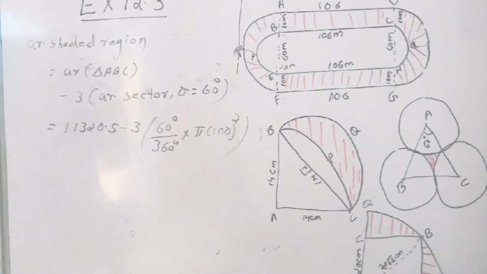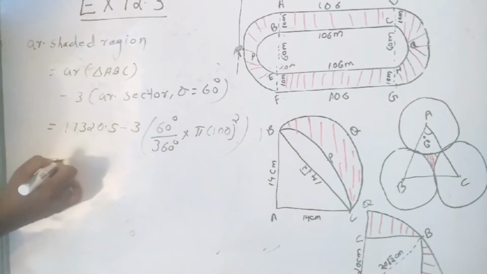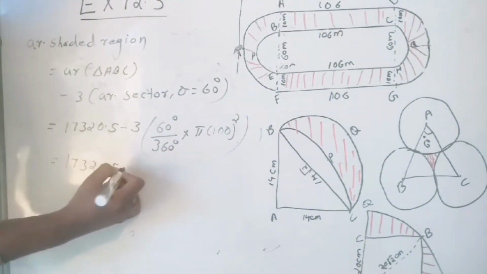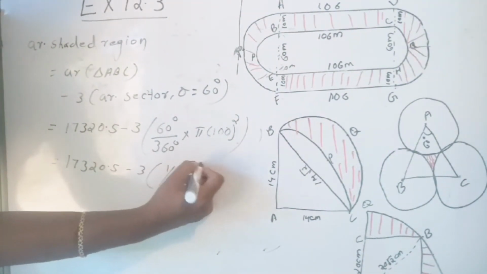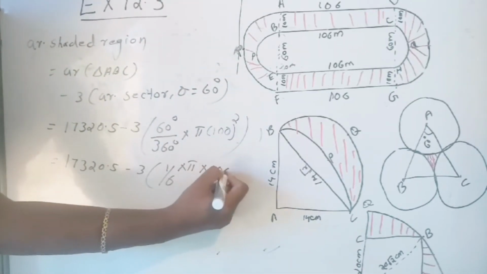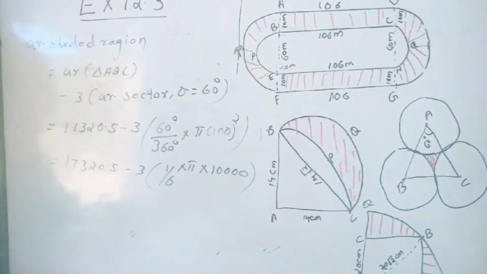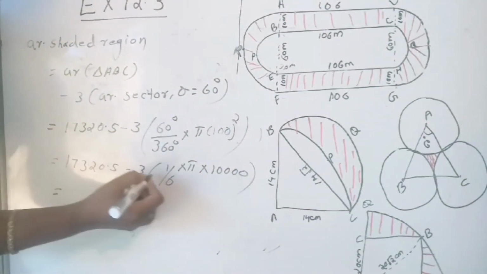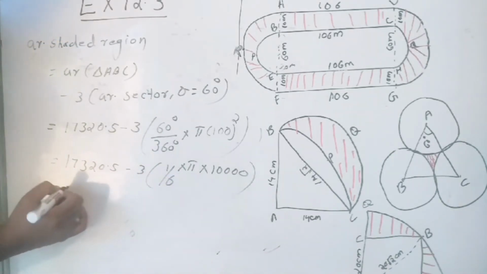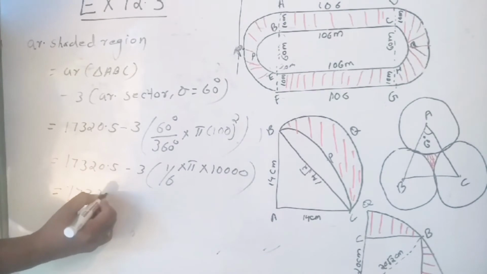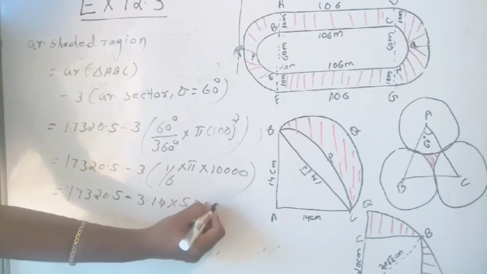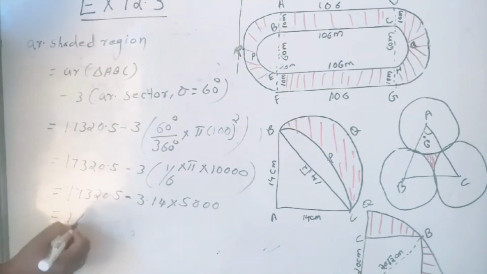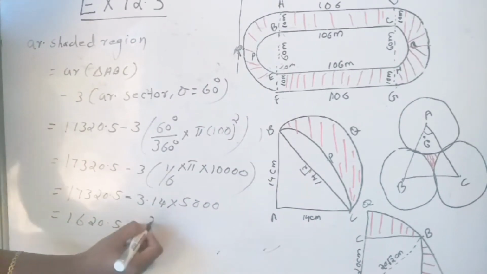The length of the side is 200, then half of that is 100, square. So we will get 17320.5 minus 3 into 1 by 6 into pi into 10,000. Here we need to substitute pi as 3.14 because that is given in the question. This is equal to 1620.5 centimeter square.